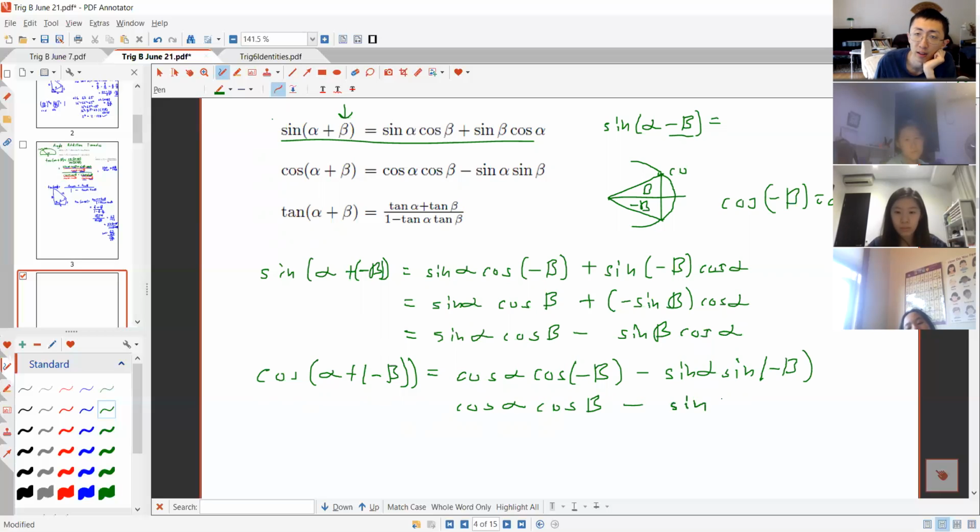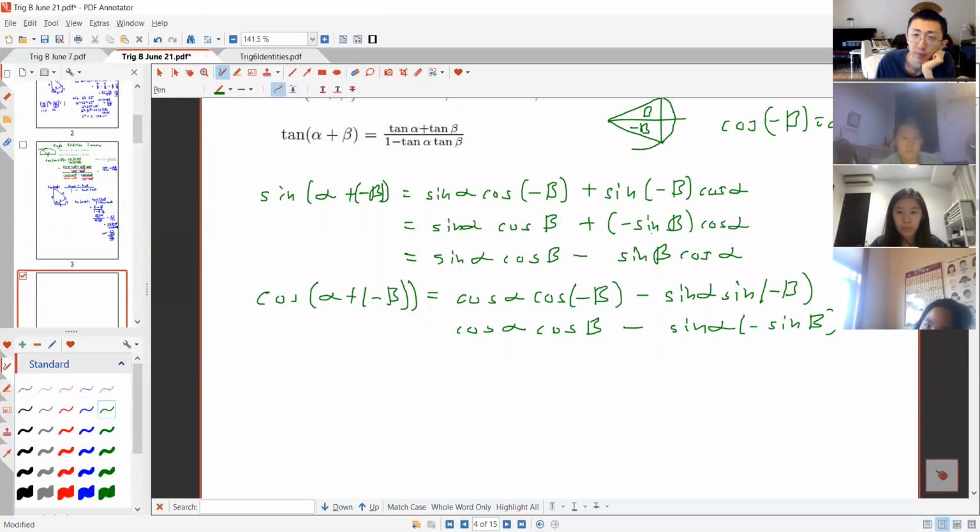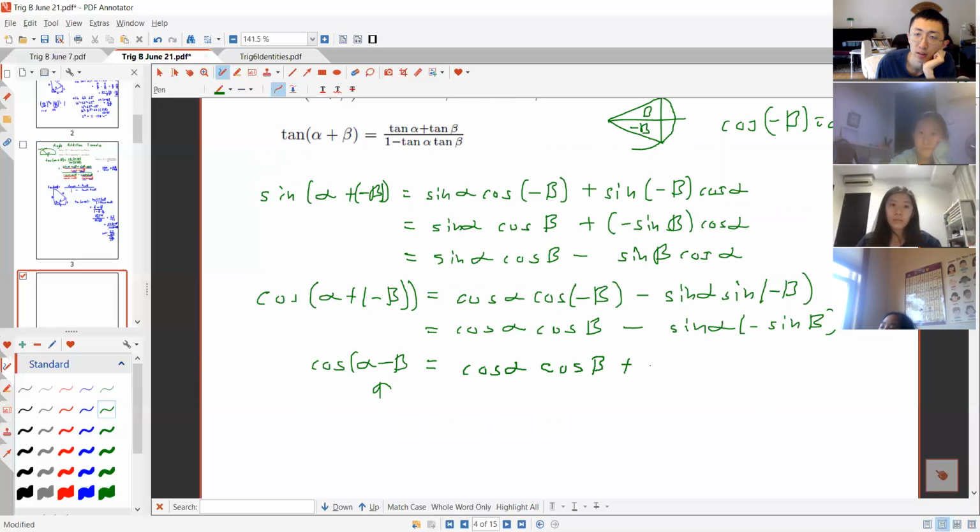And we'll have sine alpha negative sine beta, because sine of negative beta is negative the sine of beta. So this time we'll get the same thing, except the minus sign becomes a plus sign. So cosine alpha minus beta will have a plus sign, and the cosine is with the cosine, the sine is with the sine. Okay.